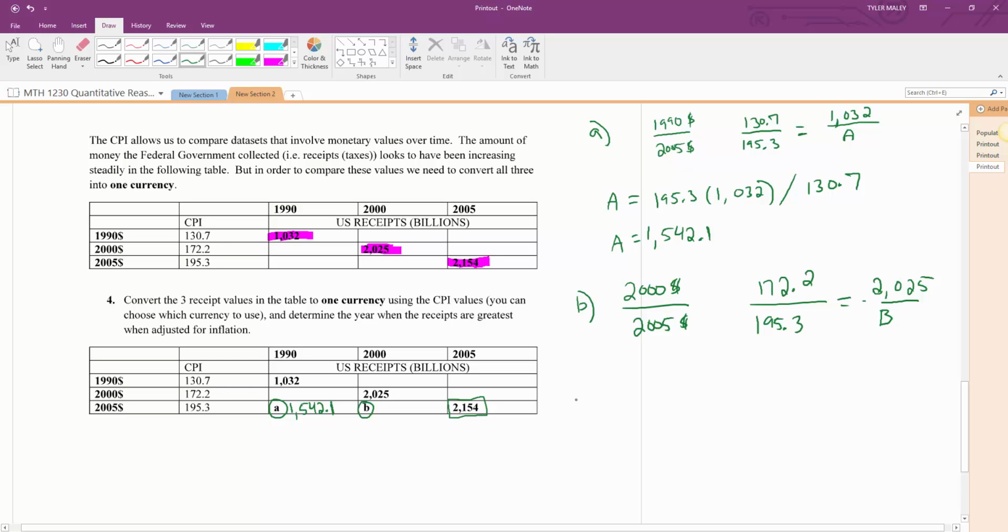So solve for B. To solve for B, we would take 195.3 times 2,025, and then divide that by 172.2.